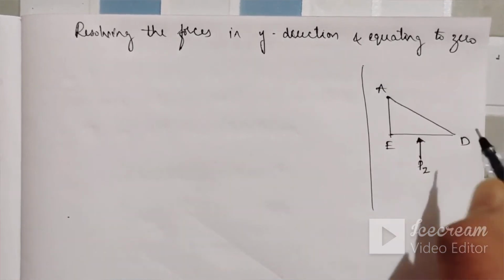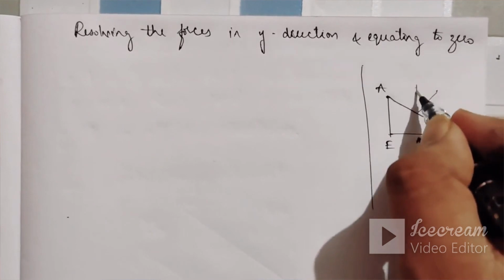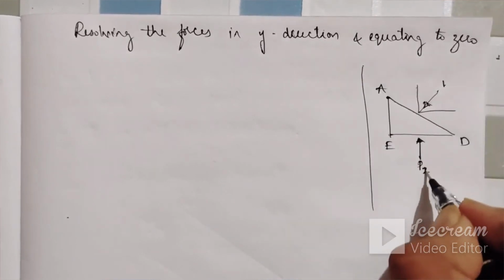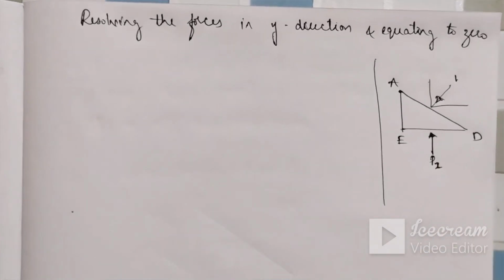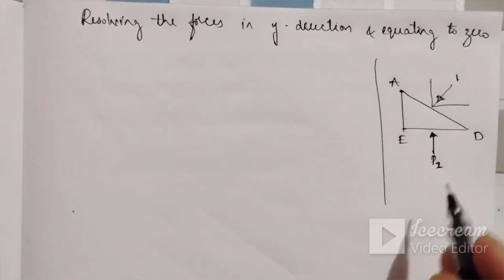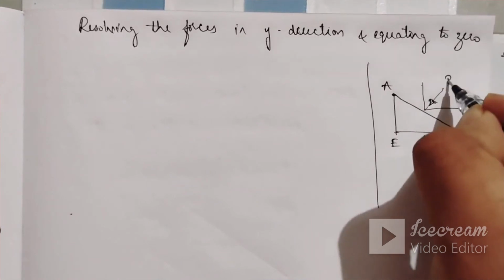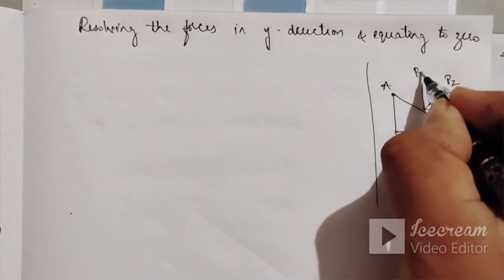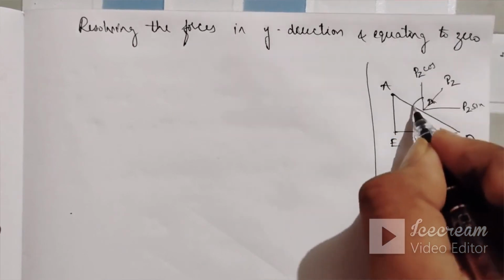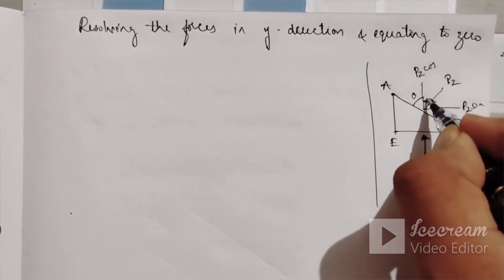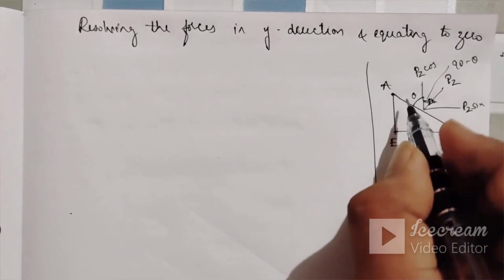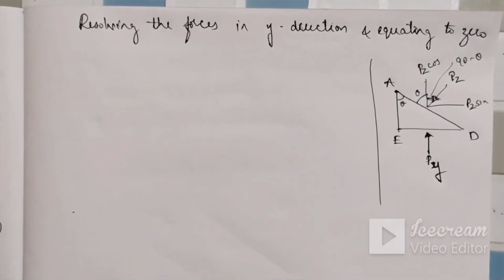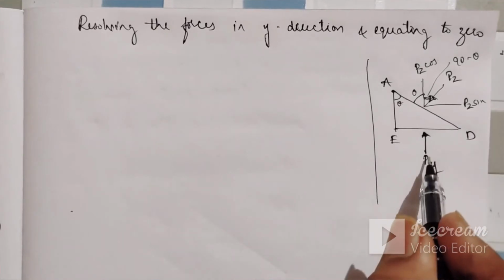This is pz, this is py, this is pz sine term, pz cos term. Theta is here, and this is 90 degree minus theta. I am writing it before so as not to confuse you, or I have to turn the page again. Now in the y direction I want this.